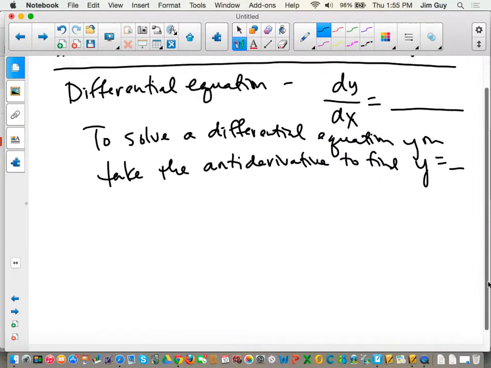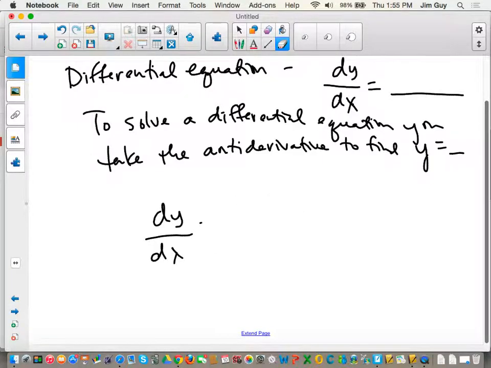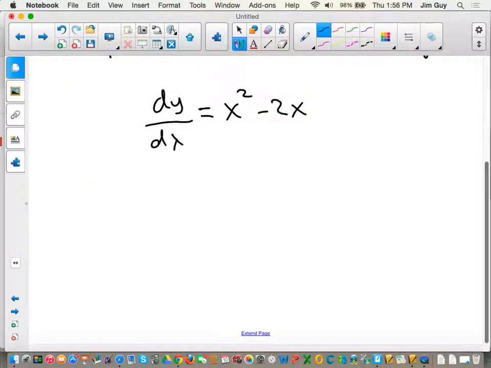I won't say easy, but it depends on the problem. But at first, they're going to be pretty easy for you. So let's say, for example, we have dy dx equals x squared minus 2x. If they say solve the differential equation, that just basically means find y.